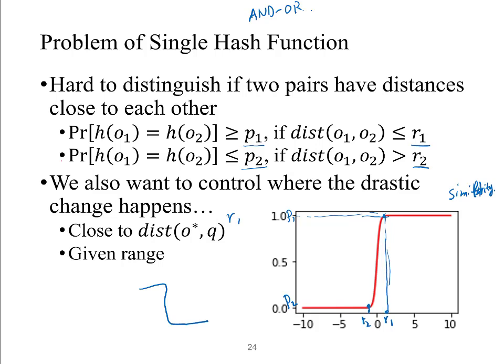Let's take this as homework for you to think about: how do you use it? The high-level idea is to combine different hash functions together to have a new super hash function that can better distinguish two pairs in such cases, or have this better curve that we want.